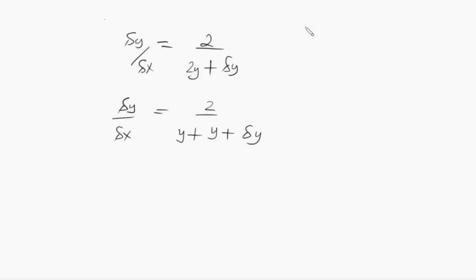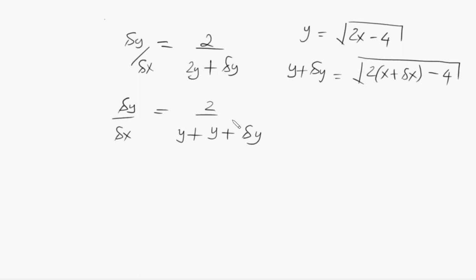But remember, y equals the square root of 2x minus 4, and y plus delta y equals the square root of 2x plus delta x minus 4. I just want to write all of this in x, because I'm going to obtain the limit based on the change in x.